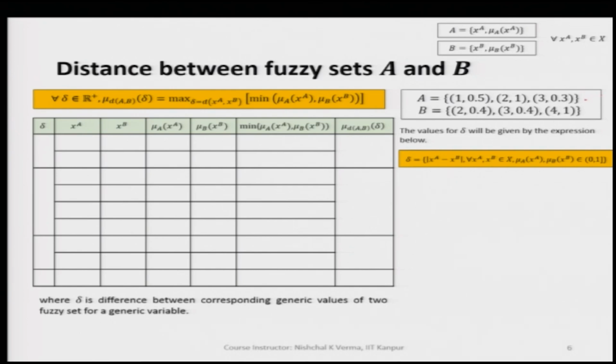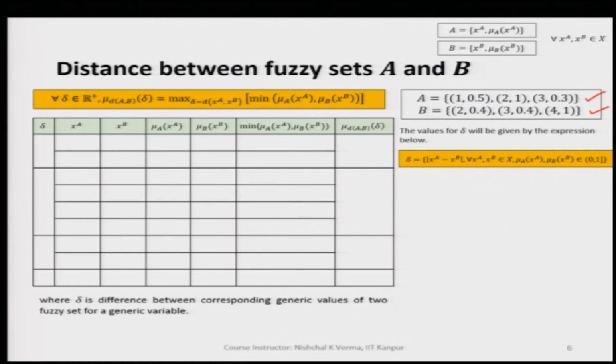As we have already seen, we have two fuzzy sets A and B like this. In fuzzy set A we have 3 elements: one is 1 comma 0.5, the second element is 2 comma 1, and the third element here is 3 comma 0.3. Similarly, in the discrete fuzzy set B we have 3 elements: the first element 2 comma 0.4, the second element is 3 comma 0.4, and the third element here is 4 comma 1.